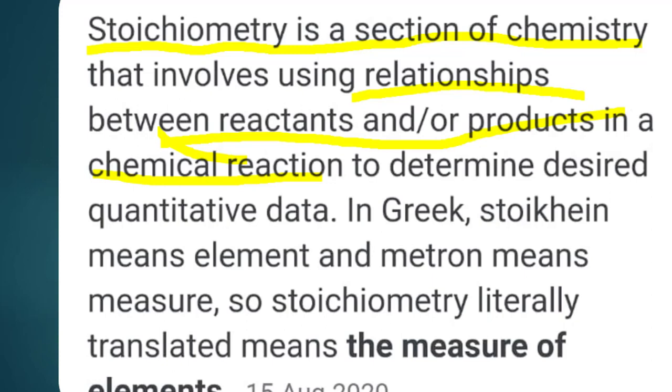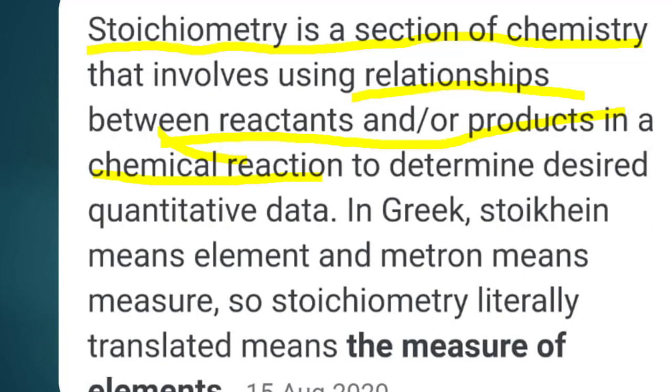That means how many moles of reactants are combined to form how many moles of products, or what volume of reactants are combined to form what volume of products. They can also be related by mass: what masses of reactants combine to form what mass of products.